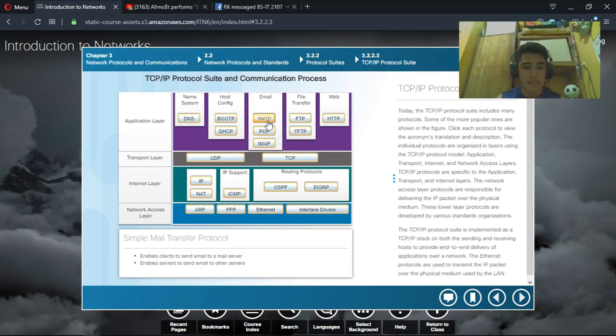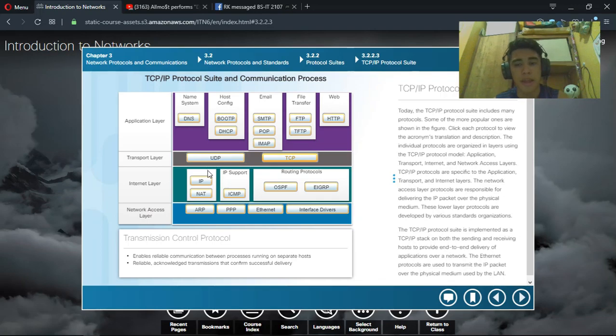SMTP is Simple Mail Transfer Protocol, which enables clients to send email to a mail server, and enables servers to send email to other servers. POP is Post Office Protocol version 3, IMAP is Internet Message Access Protocol, then Bootstrap Protocol, Dynamic Host Configuration Protocol, and DNS, Domain Name System Protocol. UDP, User Datagram Protocol, and TCP, Transmission Control Protocol.